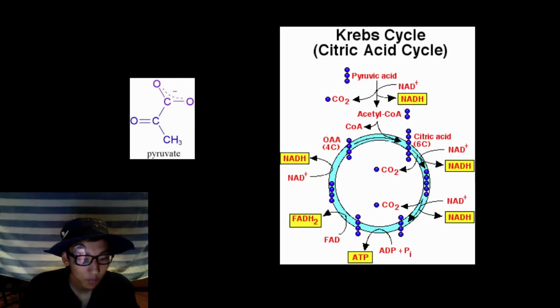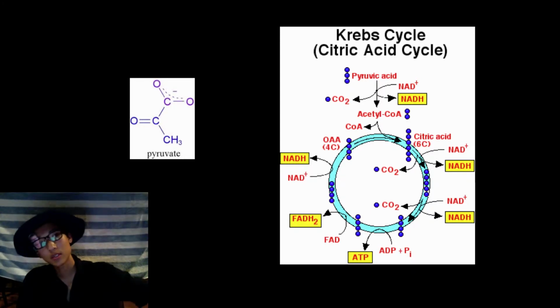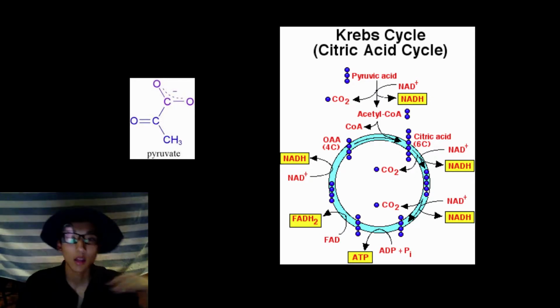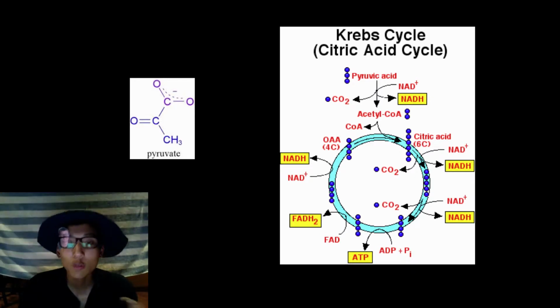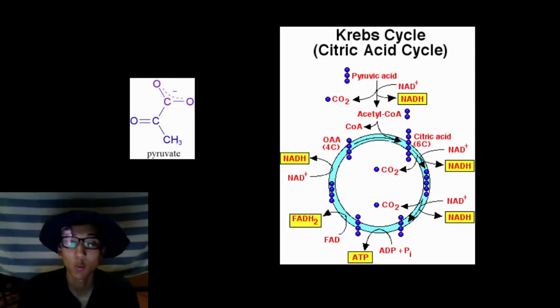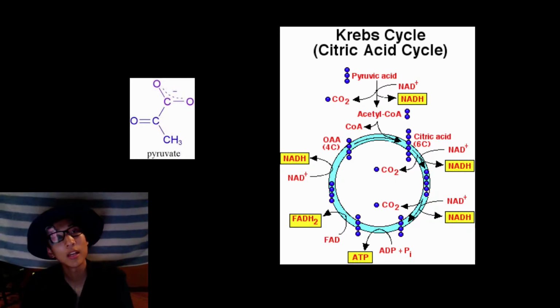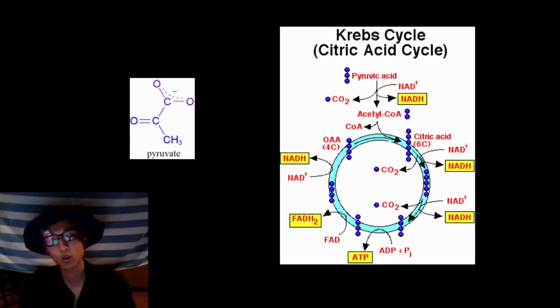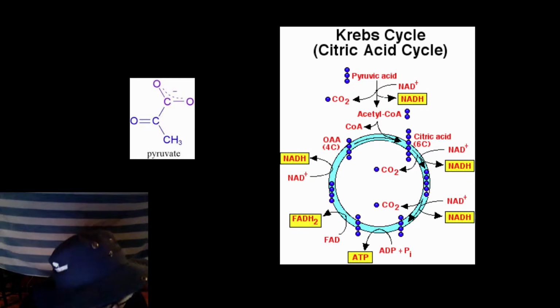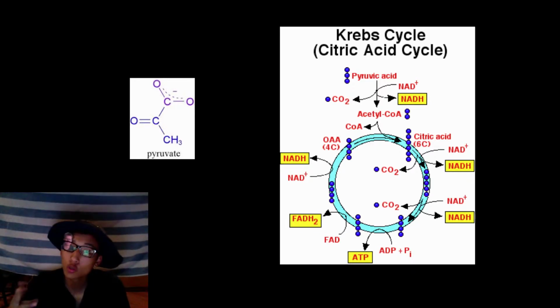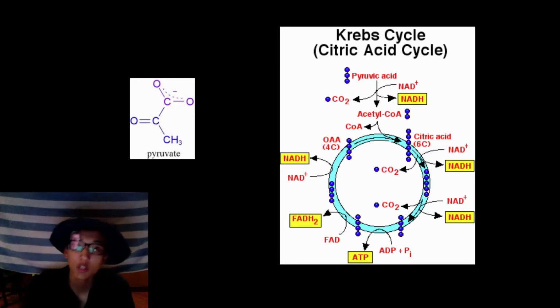The cycle will turn once for every pyruvate. Because glycolysis gives 2 pyruvates from one glucose, that will be a total of 2 turns of the Krebs cycle. And it will be 2 total ATP because of those 2 turns.